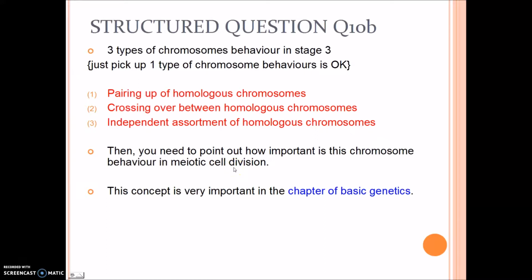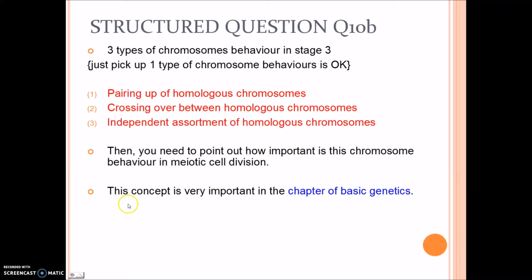You need to tell me how important they are. Just pick one. Pairing up of homologous chromosomes in stage 3, this stage is very important, and why? Or crossing over, which you can observe in this stage 3, and why is it very important?